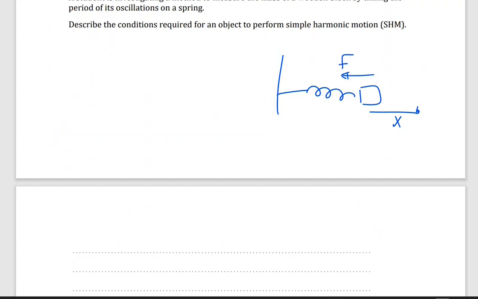The direction of the restoring force is opposite to the direction of displacement. So we have F directly proportional to the displacement in the negative direction.